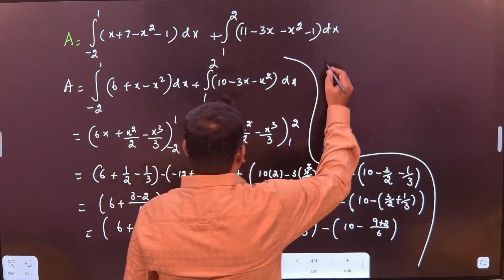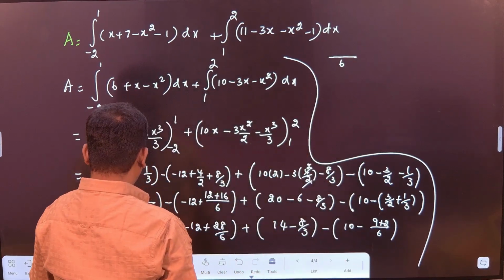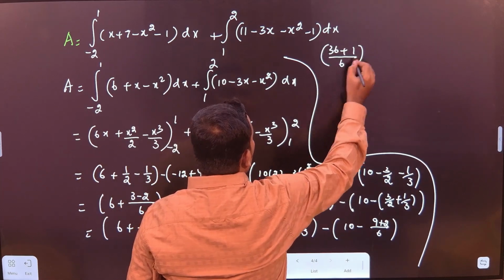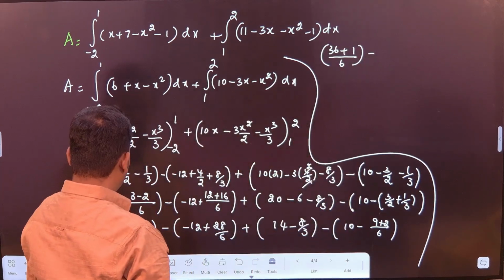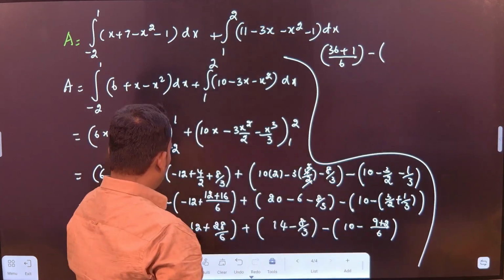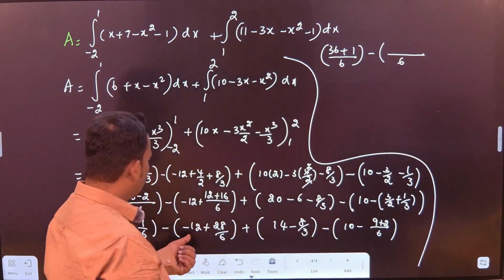6 plus 1 by 6, take the LCM 6 here. So 36 plus 1 minus, here you can see the minus, here you take the LCM 6, what will we get?